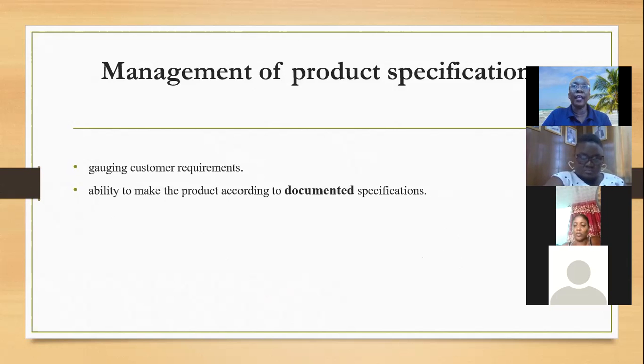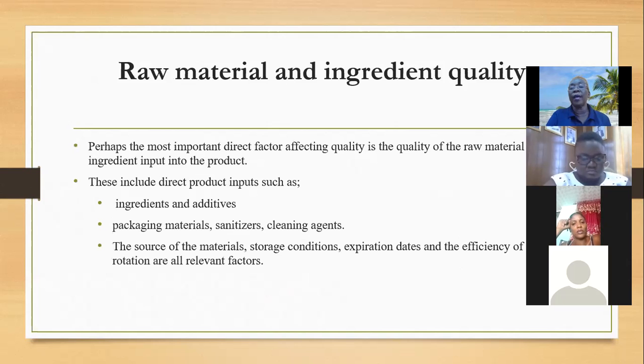So when you would have gauged the consumer's requirements and you would have put all of this into this product and the consumer likes it, you have to have your documented specifications. This means that you have to write down everything that you would have done, so that the next time you go to do it, you can remember, you can do it again.